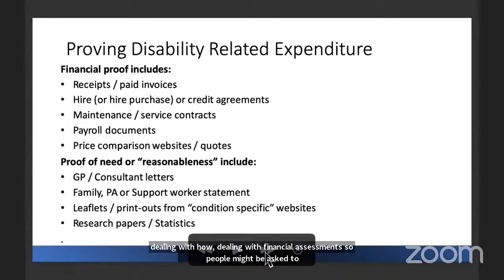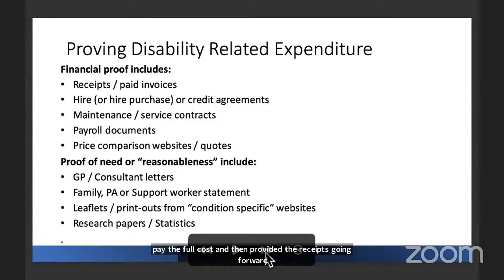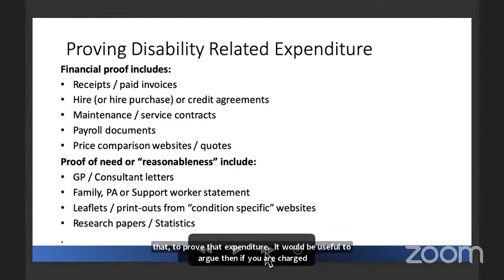So the next 3 months worth of receipts to prove that expenditure. But it would be useful to argue then, if you're charged the full amount, how are you going to have that money left over for you to be able to spend money to get the invoices and the receipts that they're asking for?